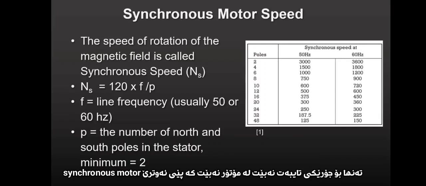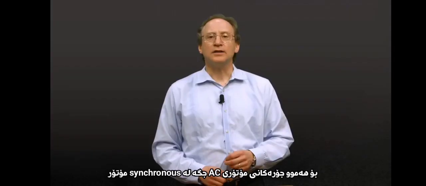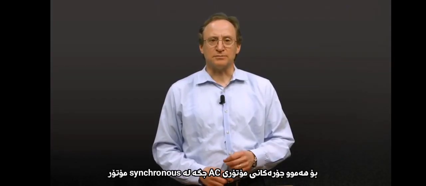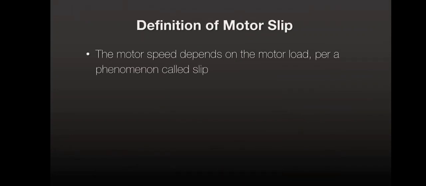Except for a special type of AC motor called a synchronous motor, the rotor does not rotate at the synchronous speed. For all AC motors except the synchronous motor, the actual motor speed depends on the motor load, a phenomenon known as slip.